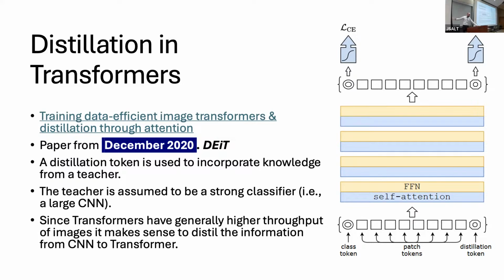And if you don't have your class, you can just use the loss from the teacher. This is actually all you do. I think many of you would know how to implement this very easily. Just add another token at the end and compute your loss from it.